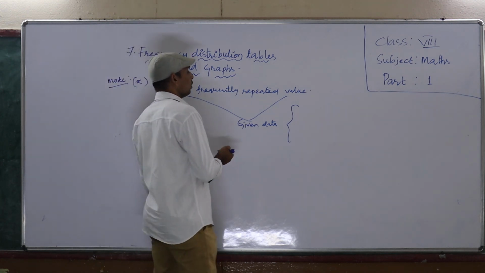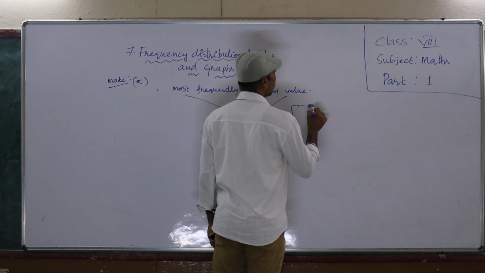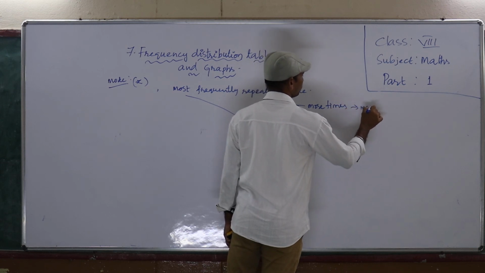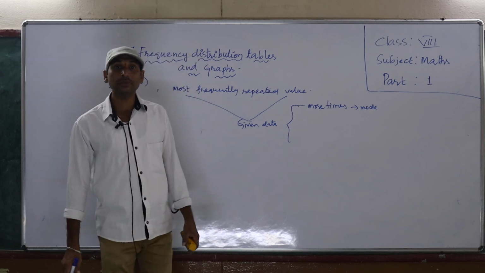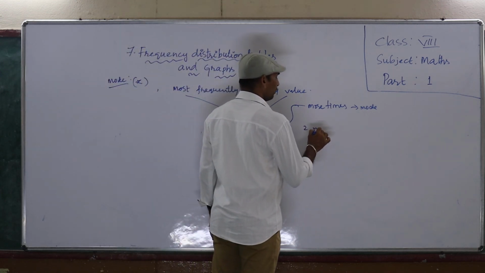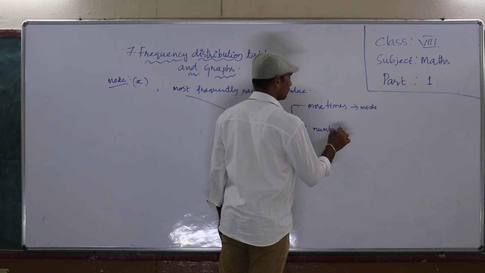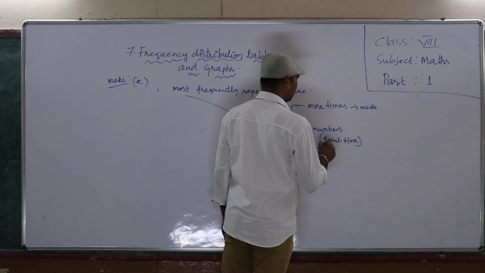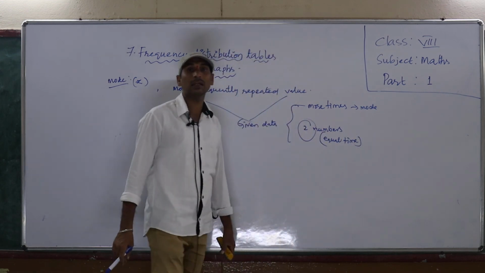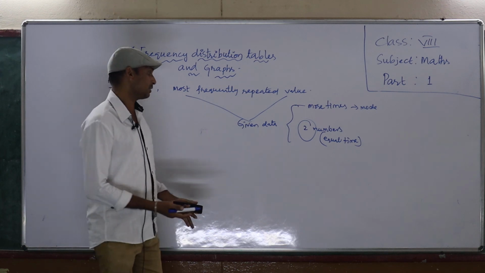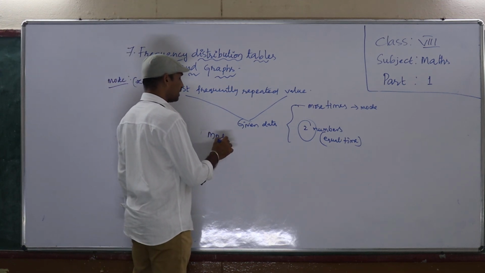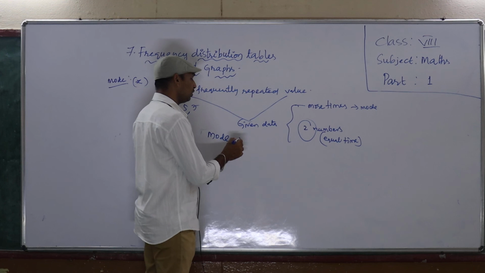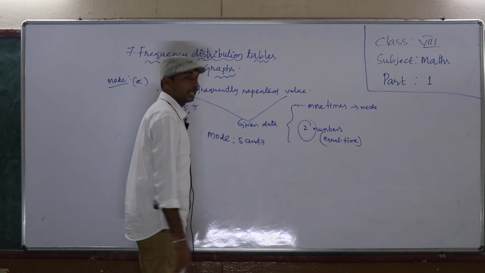The number we get more times is called the mode. Sometimes two numbers occur equal times, and then both numbers are the answer. For example, if 5 and 7 occur more times, the mode is 5 and 7.